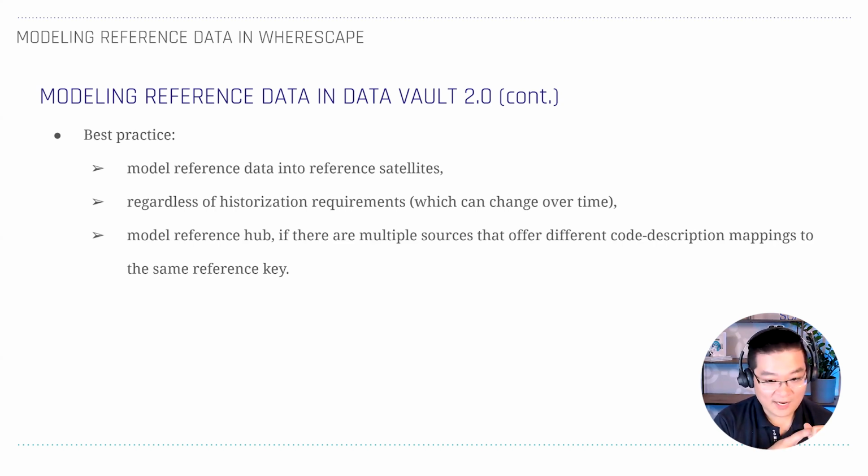We don't hash the reference codes, so the reference codes, or the combination of keys that make up the primary key in the source table, are readily available in the satellites, and you have the payload in the same satellite as well. So yes, you can get away without a reference hub in that case, right?